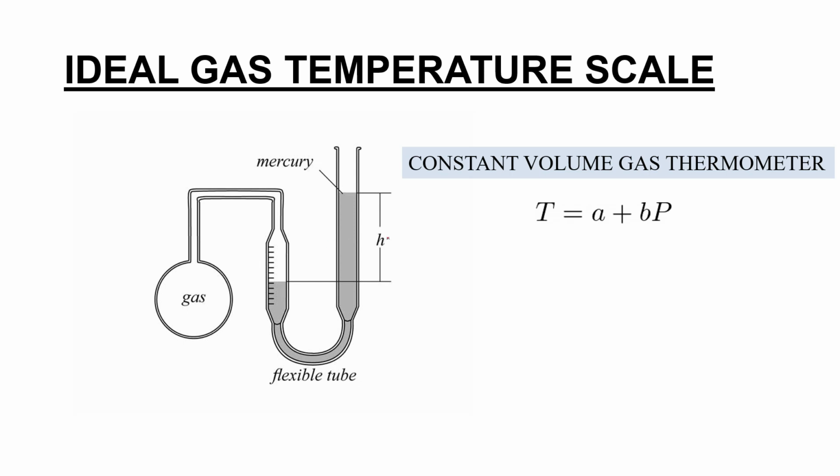That means by measuring this H, you can measure the pressure of the gas. If the pressure of the gas increases, this mercury rises up, and you can measure this H and easily find out the pressure.